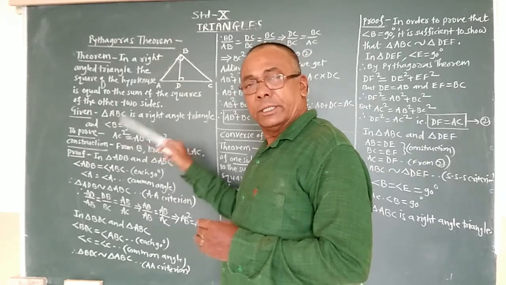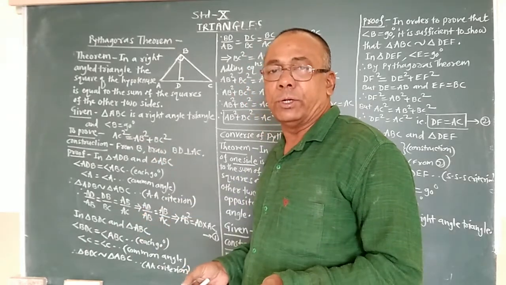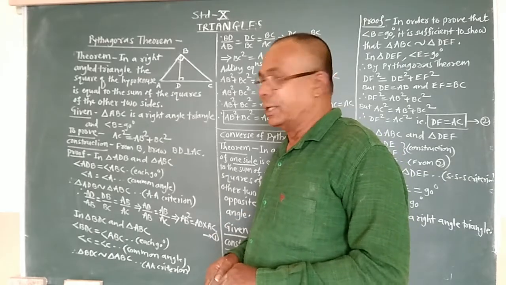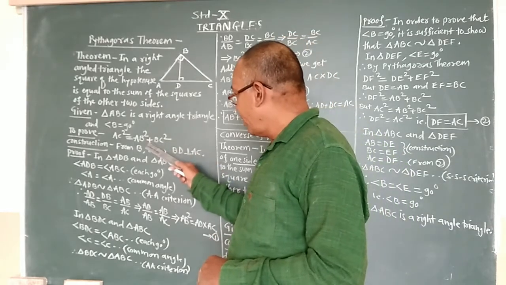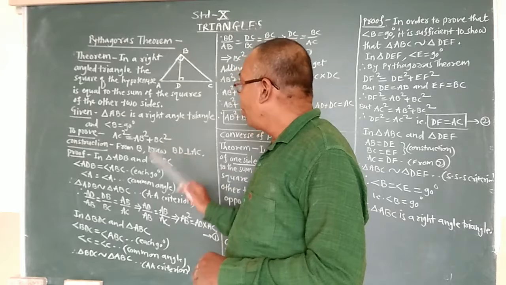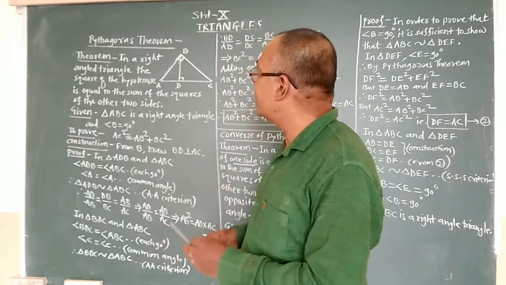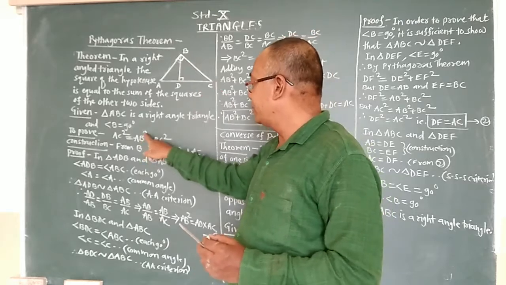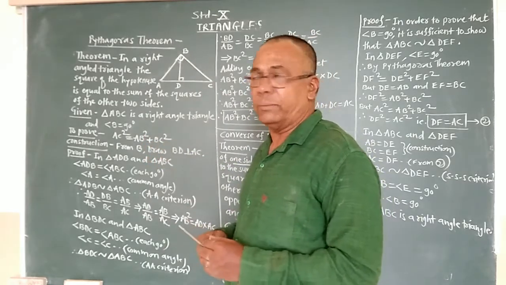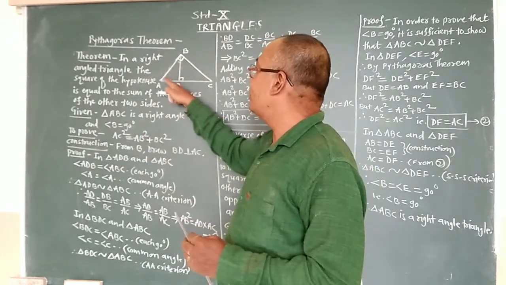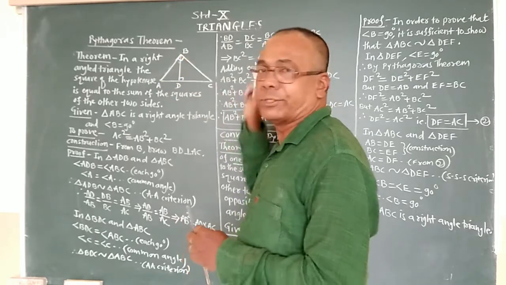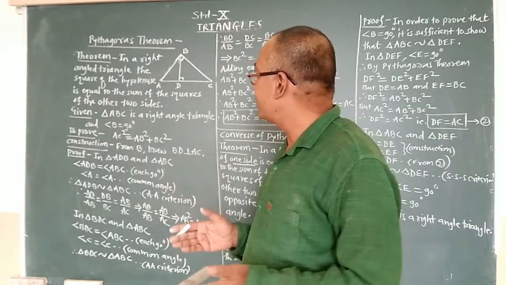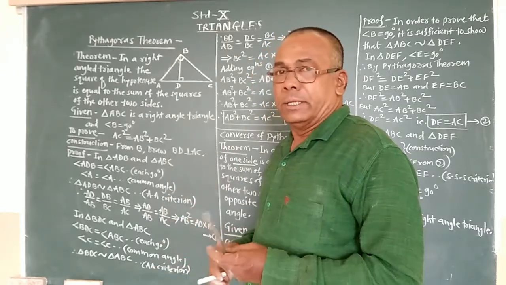AC square is equal to the sum of the squares of the other two sides. Which are the other two sides? AB and BC, means AB square plus BC square. So we have to prove that AC square is equal to AB square plus BC square.